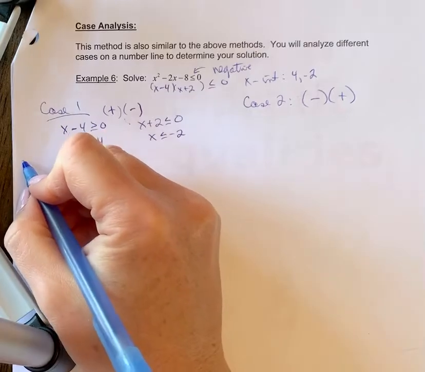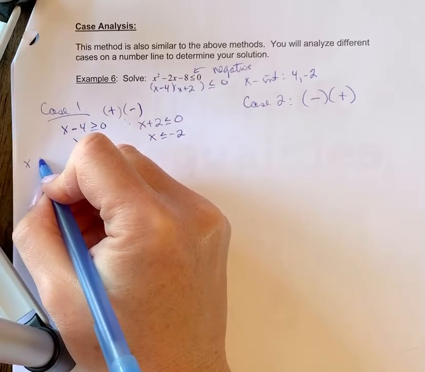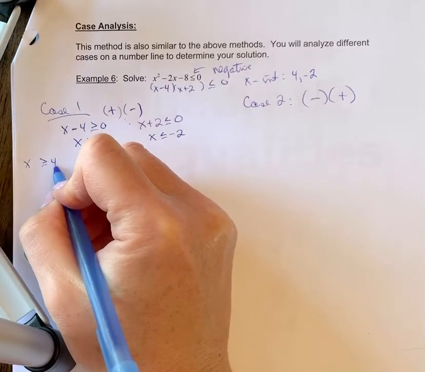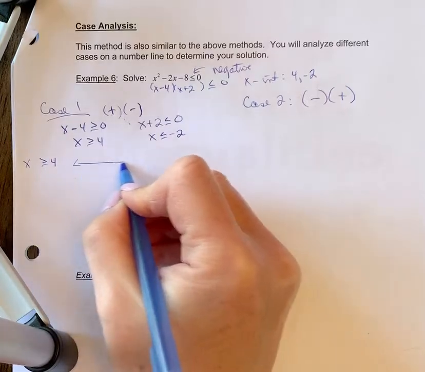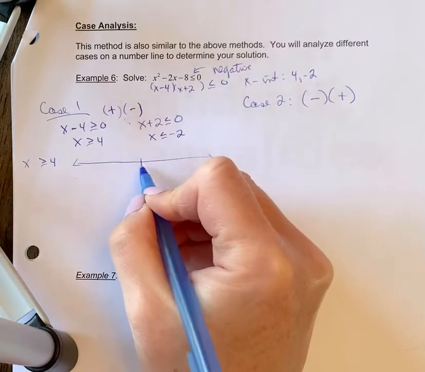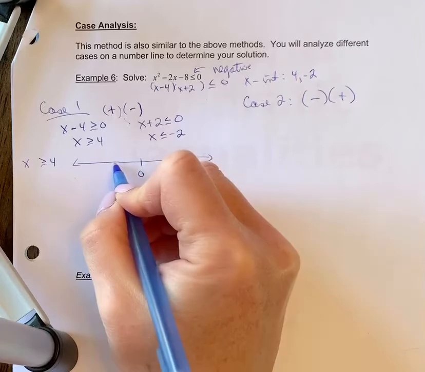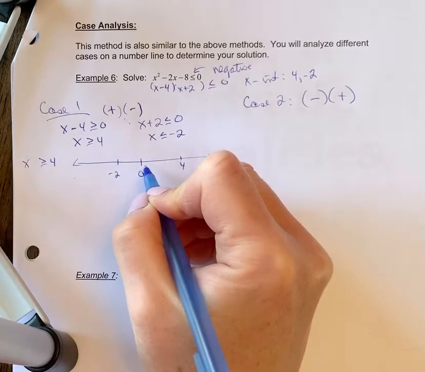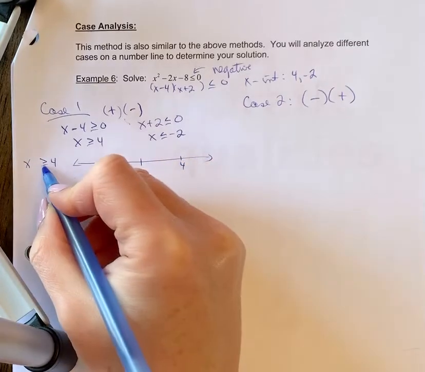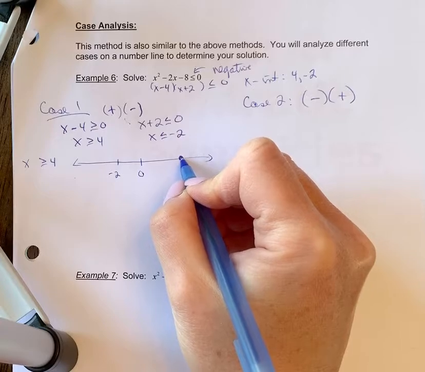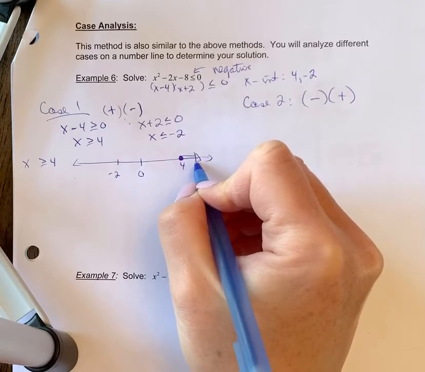I'm going to demonstrate x is greater than 4 on this one. We're going to put 0 in the middle, 4 over here, -2 here. I just need those key points. Greater than 4 would mean I would put a point, and I would shade everything to the right.